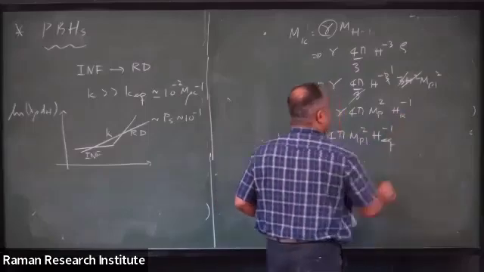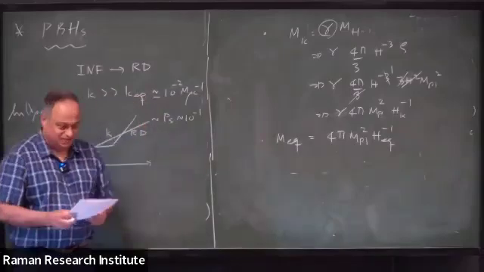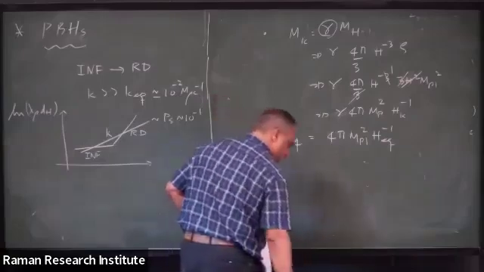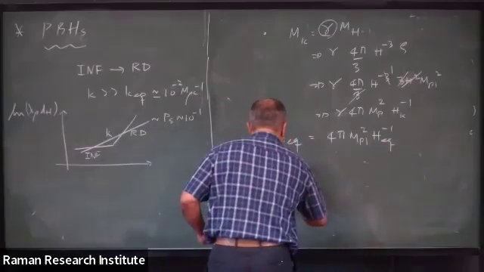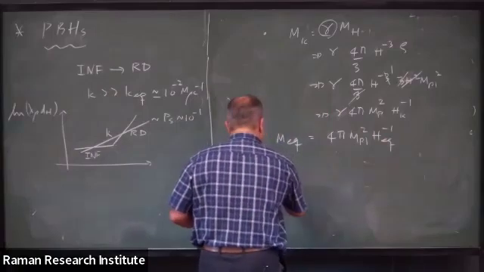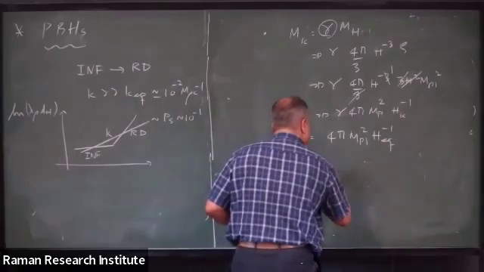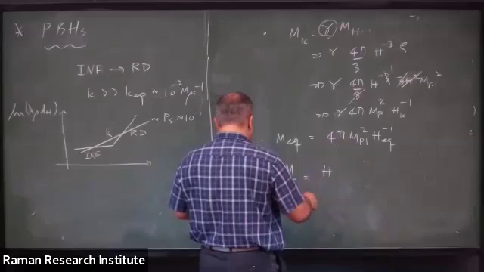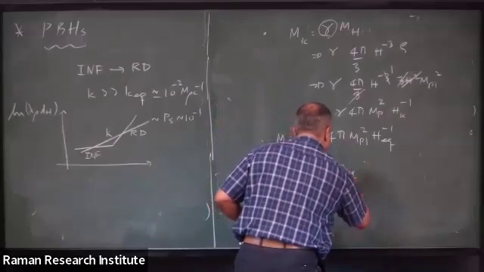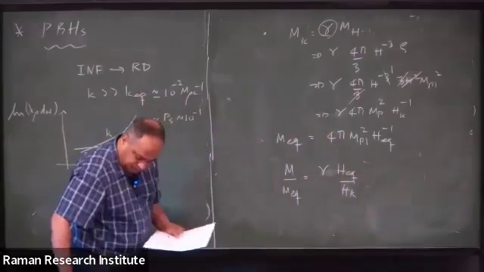I'm going to use the subscript k to denote that this is H_k at re-entry, not at exit. Therefore, M by M_eq is equal to gamma times H_eq by H_k.